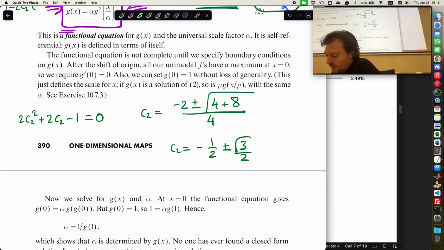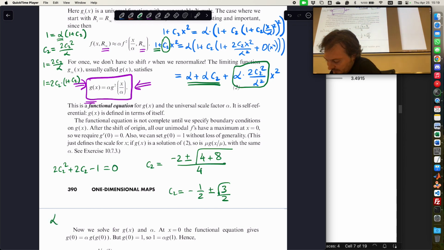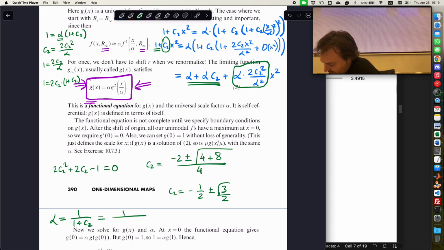We are almost there. Alpha is 1 over 1 plus c2, right? So which one should I use? Let me use this one. It will be back, don't worry. When it is back, you will have the solution. 2 over minus 1 plus square root 3.